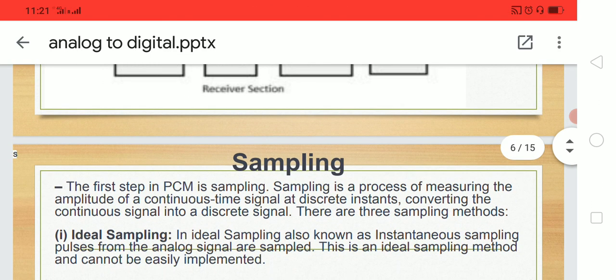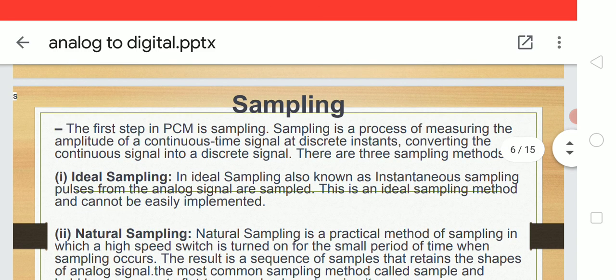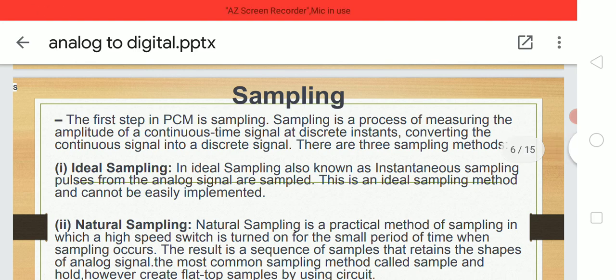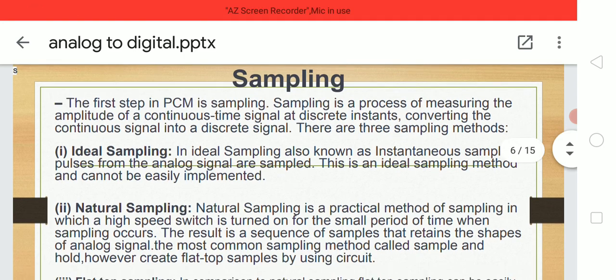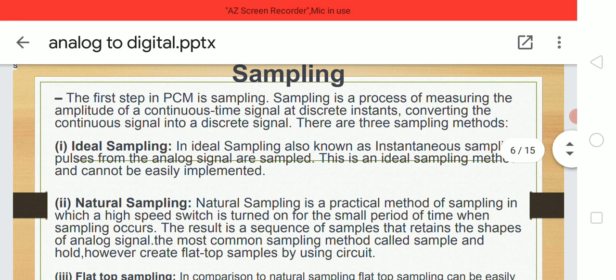As we said, there are 3 steps in pulse code modulation. The first process is sampling. The name itself includes the process: it takes the samples. As we know, an analog signal is continuous over time.